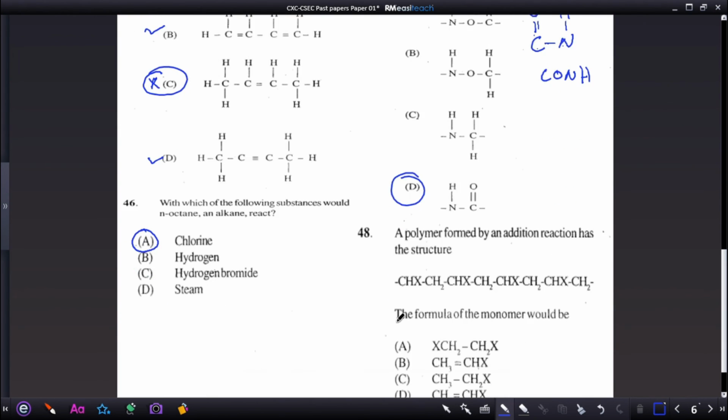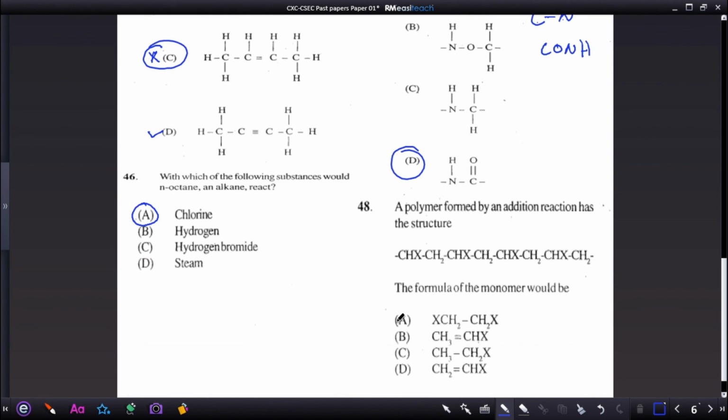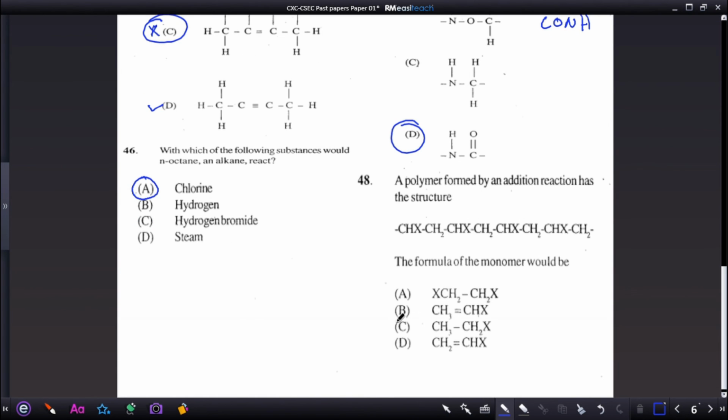48. A polymer formed by addition reaction has the structure. What would be the formula of the monomer? Because it came from an alkene, we would ignore the carbon single bonds.